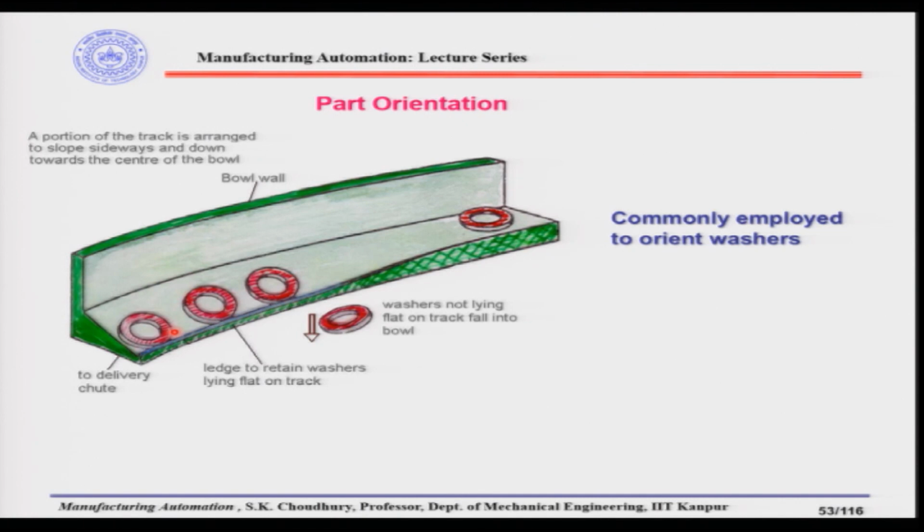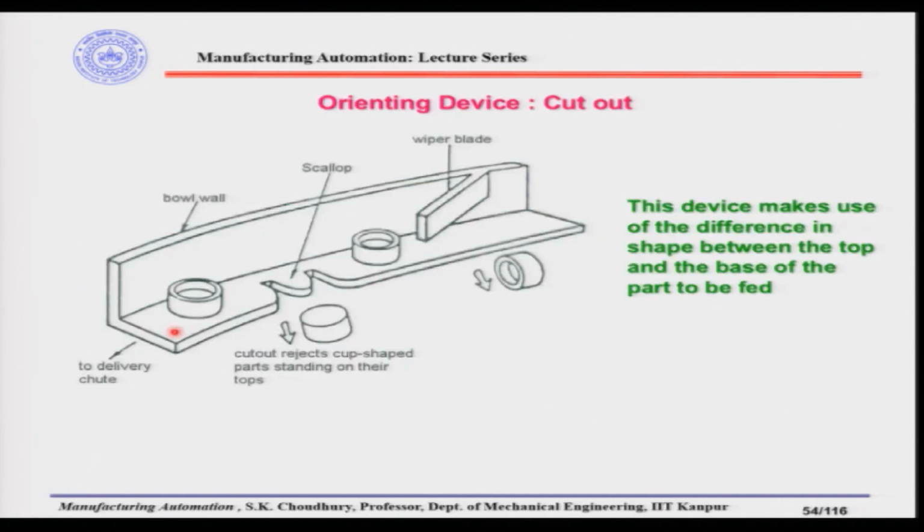Okay. The next one is another orienting device, and here is a new orienting device which is shown. This is the scallop. So, again let us say this is a track, and this is the bowl feeder wall, and this is the sector of a vibratory bowl feeder.